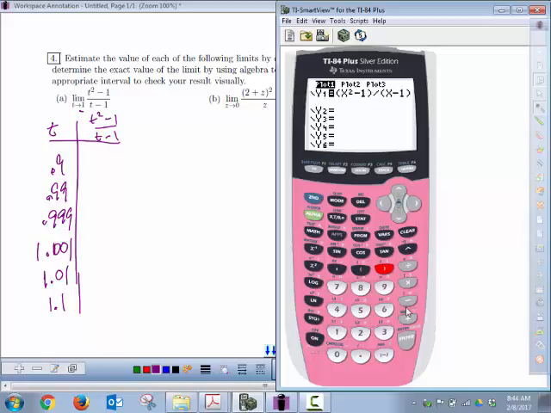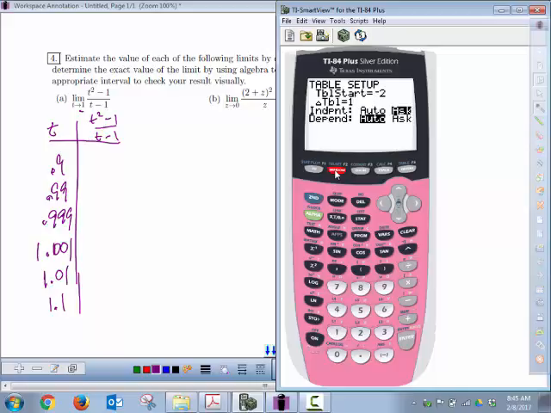All right, does this look okay? Looks like the parentheses are in the right spots, and the divide sign is in the right spot. All right, now let's set up a table. I'm going to press second function and table set. Now this has an automatic setup for the tables.